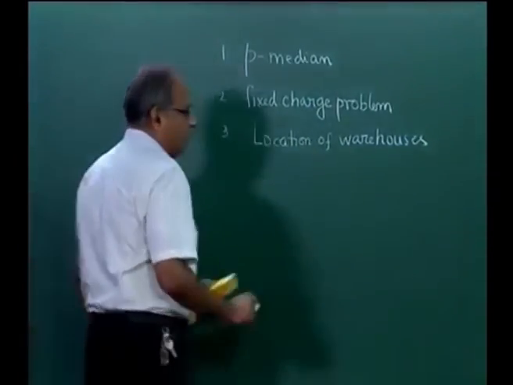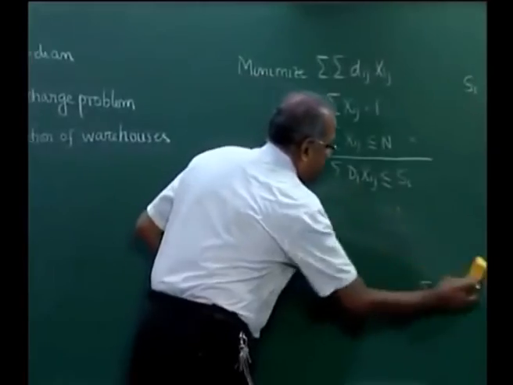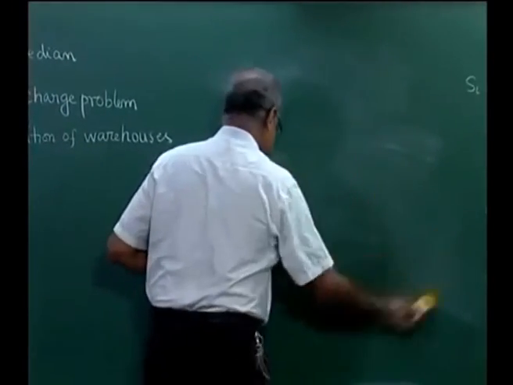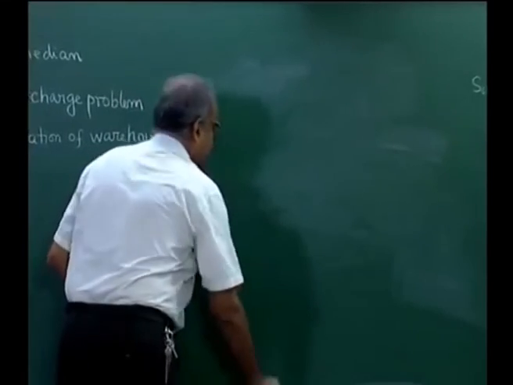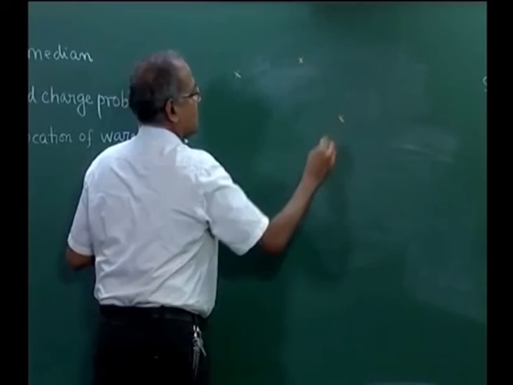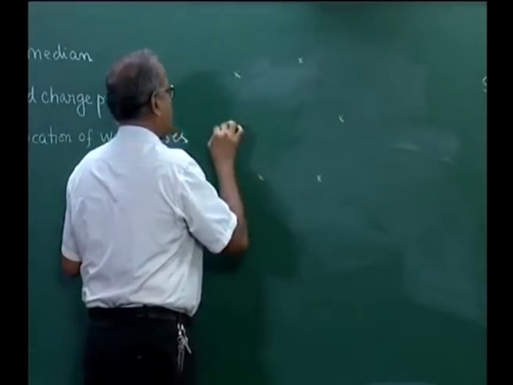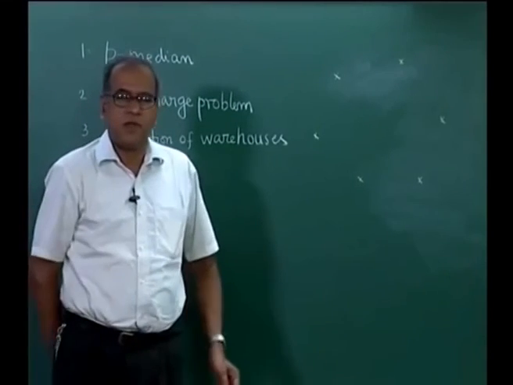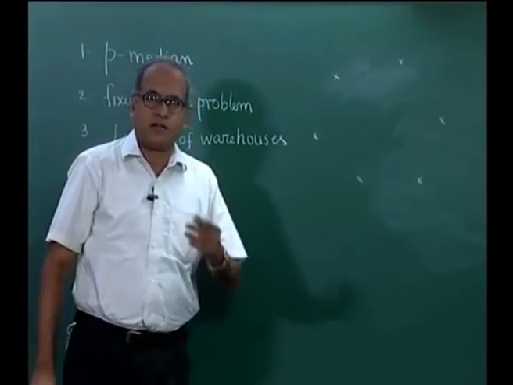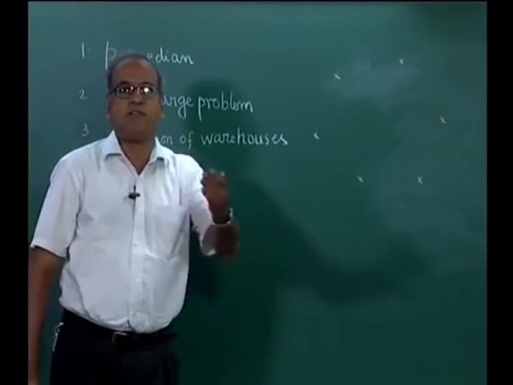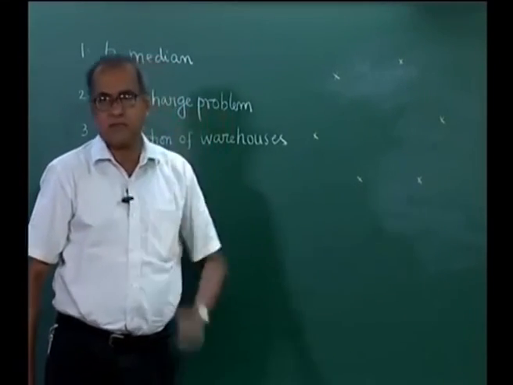P median, one of the ways of introducing the P median problem is to say that there are points here. Let us say there are 6 points or there are 6 customers, and now let us say we want to locate say 2 factories or known number of factories or P factories or P medians.